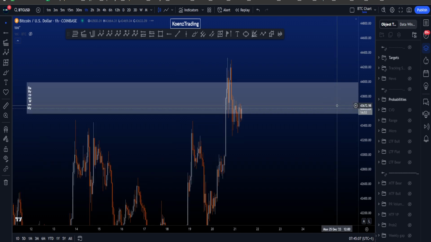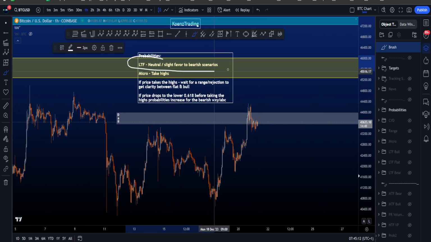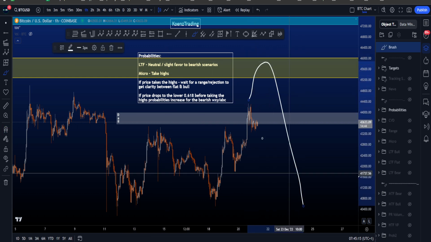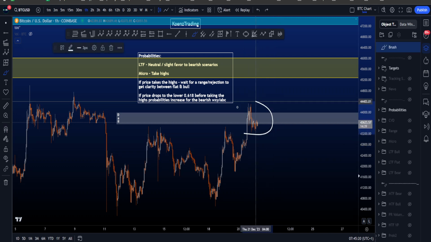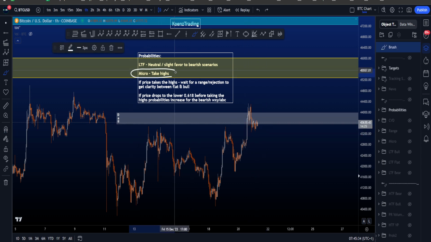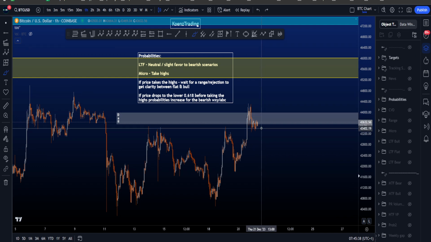So if you then finally look at the probabilities of the different scenarios, then on the low time frame, neutral slash, I do have a slight favor for the bearish scenarios, either a flat structure or moving to the downside directly. And on the micro, when looking locally over here, then currently having the 886 retracement over here, which isn't ideal, and price finding support between the 1 to the 1.236 trend-based fib extension, does increase the probabilities a little bit to take the highs over here that we have, right, taking the double top.